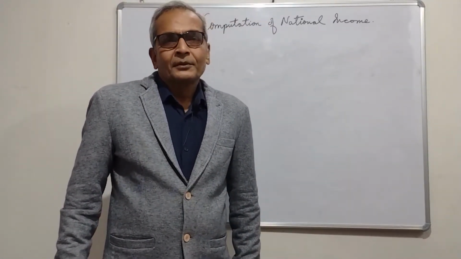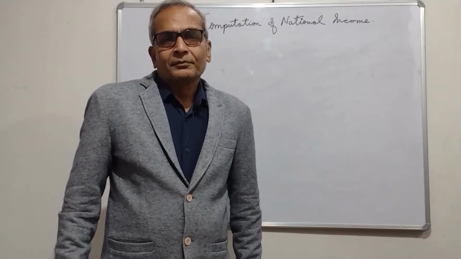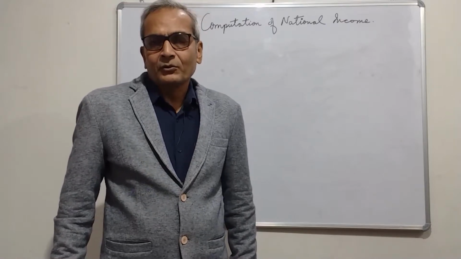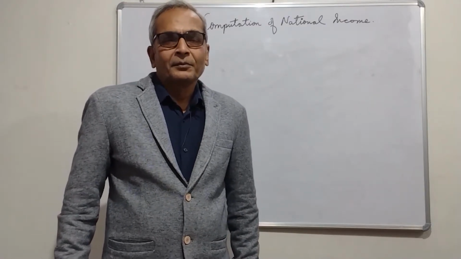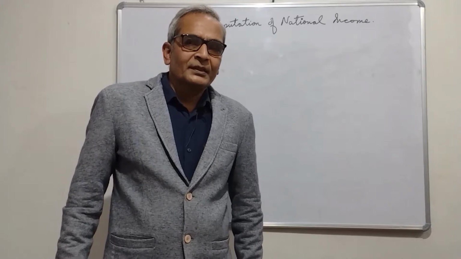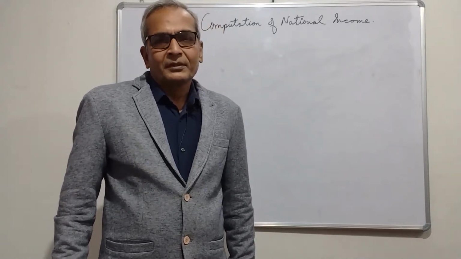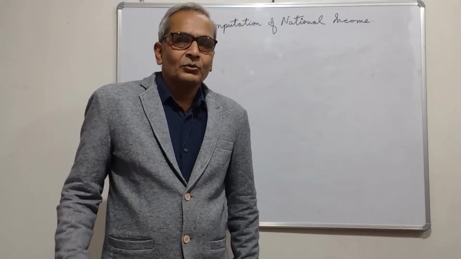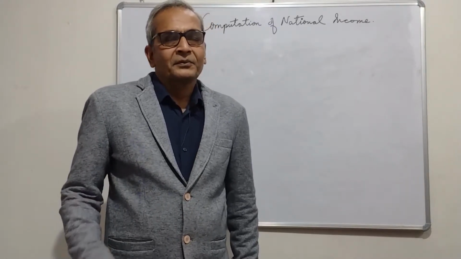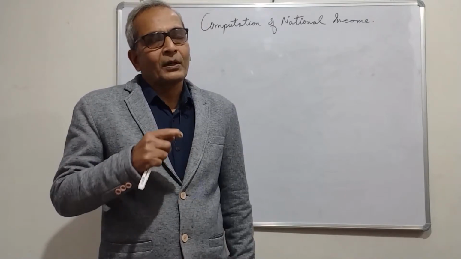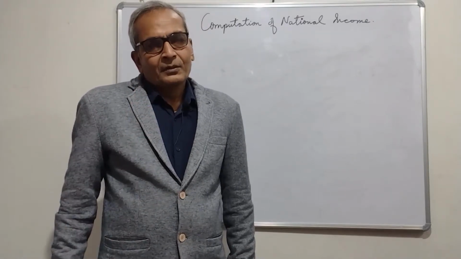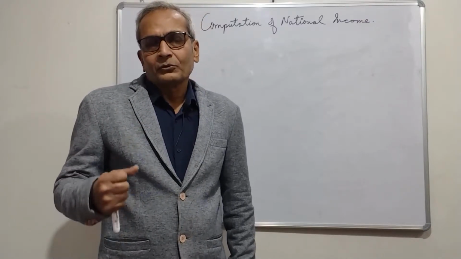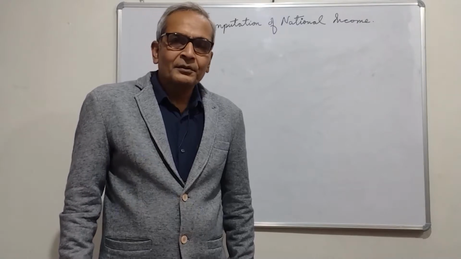Today we will be talking about the national income chapter of microeconomics for class 12, and this is my fourth video in the series on this chapter. In the first video we talked about how to approach this chapter, the various steps that we are required to follow to get a grip over the chapter, to have mastery over the content.